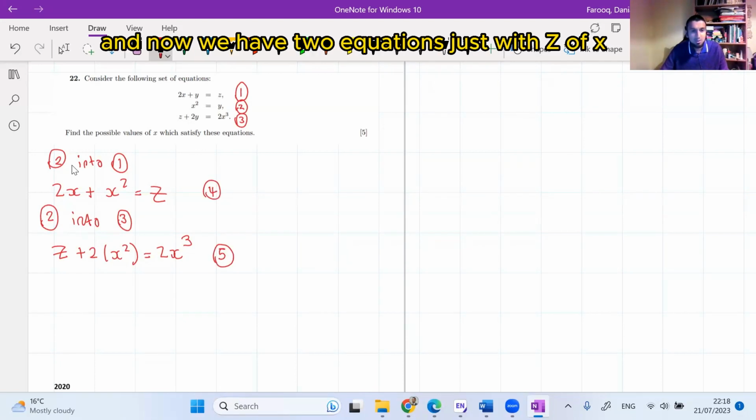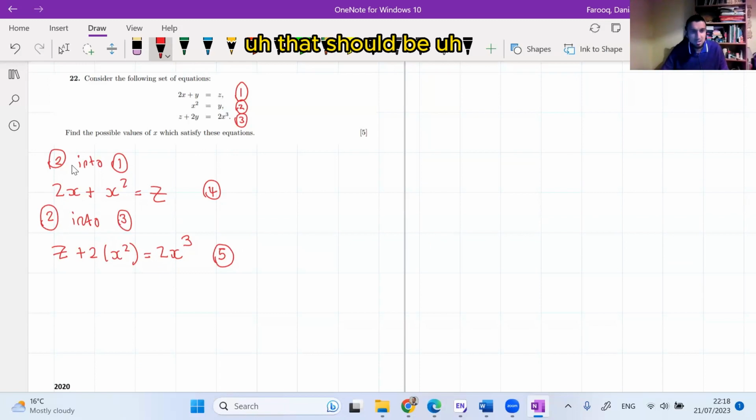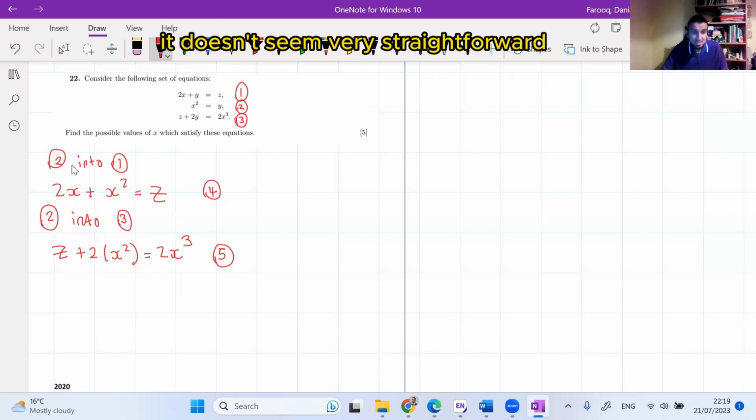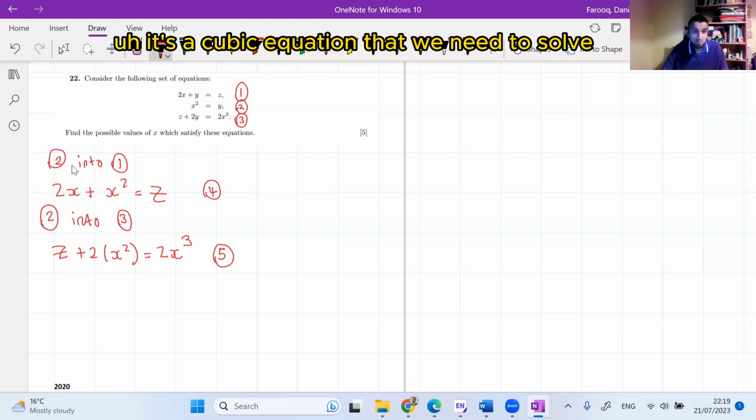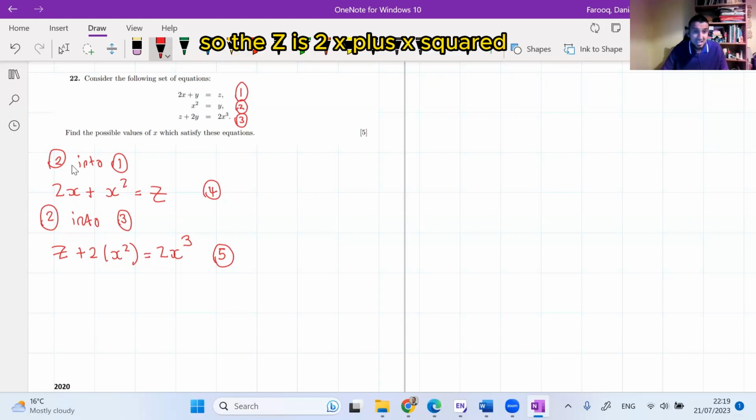That should be solvable, although it doesn't seem very straightforward. It's a cubic equation that we need to solve. So z is 2x plus x squared, and we can straight away substitute 4 into 5.